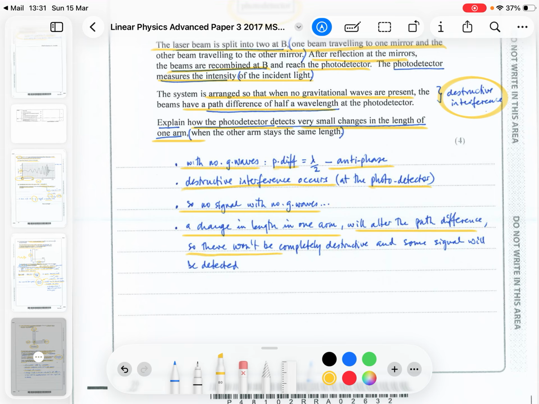So there won't be complete destructive interference if one of the paths changes length, and there will be some signal detected. Because now they're not going to be completely in antiphase. And they don't have to be completely in phase. But if they're not completely antiphase, then they will not destroy each other 100%. One will be bigger than the other.